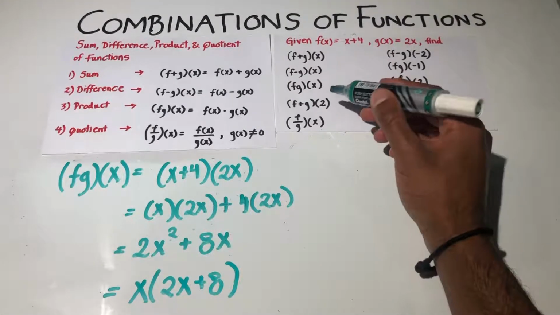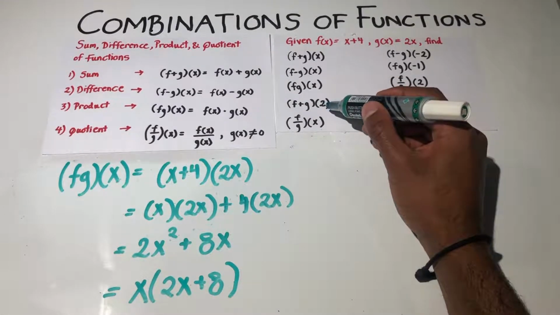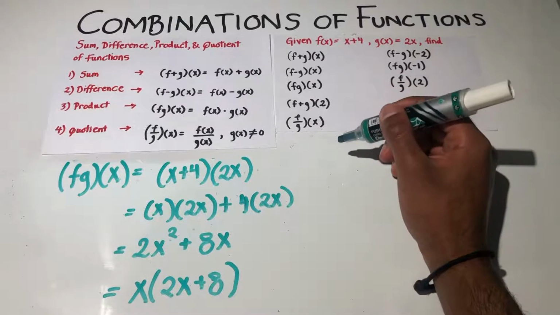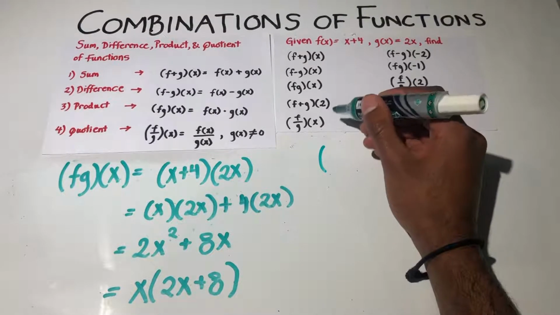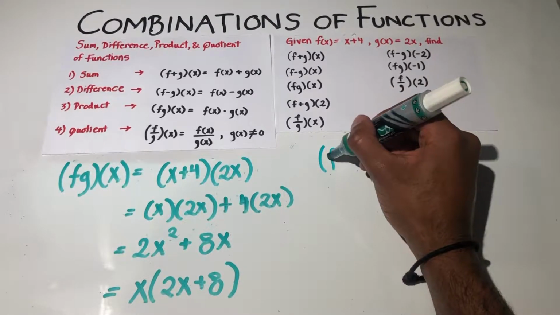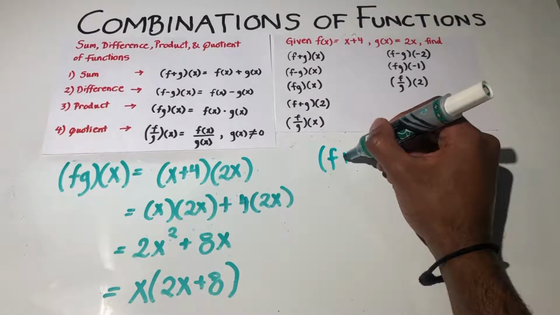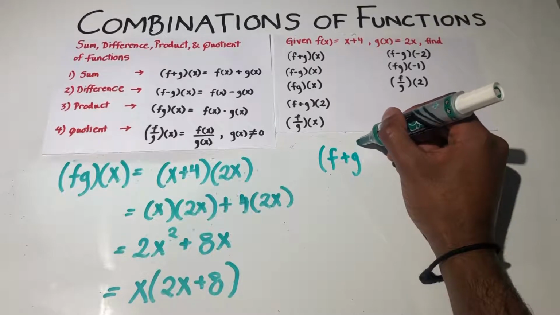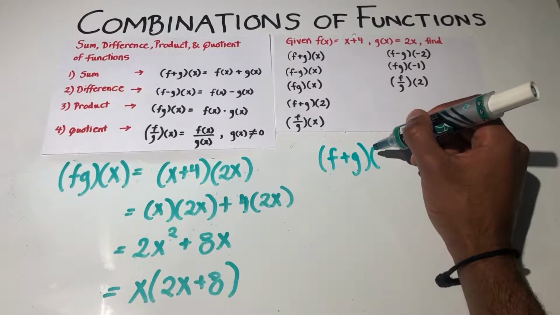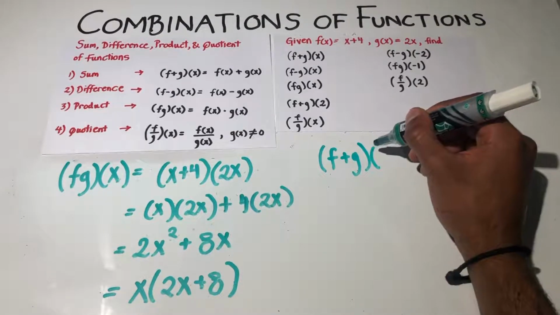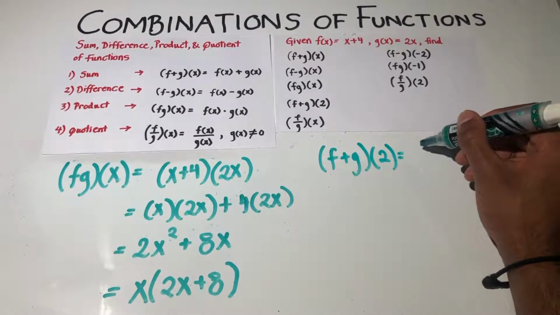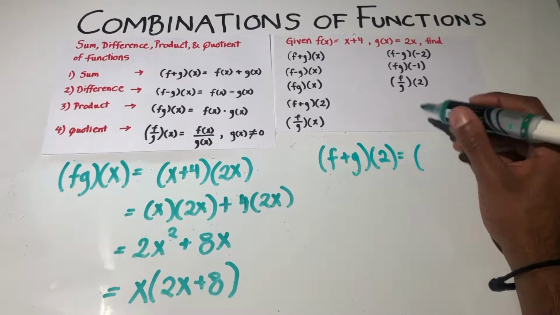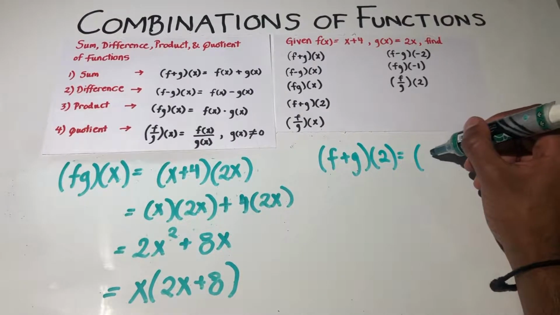Now we have addition with a value. So the way I approach this is that I like to write out the expression and then substitute 2 in the expression. So f plus g of x, f plus g of 2 is going to give us, so instead of x, you just plug in 2.